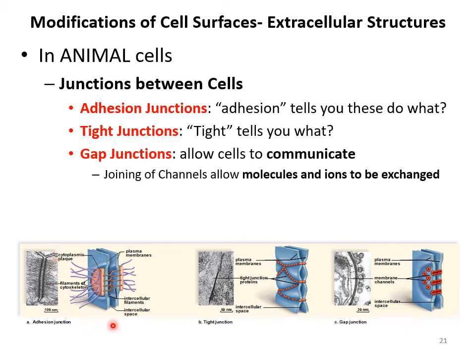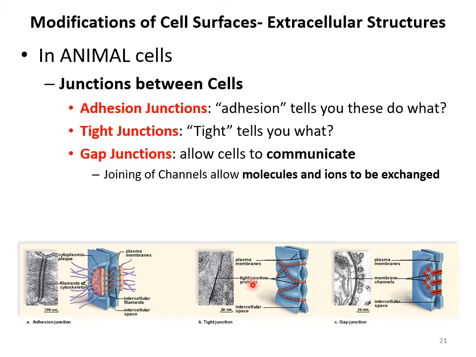So adhesion junctions, as they state, are for adhesion, meaning it's for attachment. So these will physically attach two cells together. And they do that with these intercellular protein filaments that you see stretching between them. So adhesion junctions are for the physical attachment of two cells.